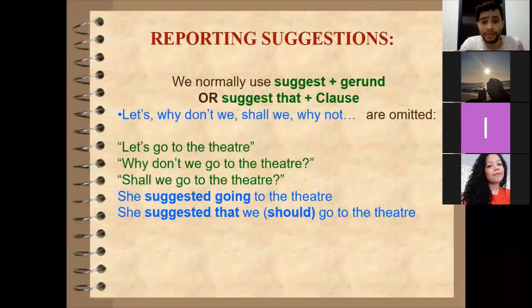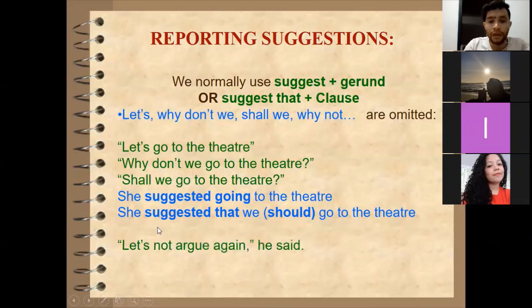Si ustedes deciden hacer esta oración de esta forma como está aquí escrita, está perfecto, chicos. No hay problema. So, she suggested that we should go to the theater. Fine. Si no, la forma normal. Si esto es, let's say, why don't we go? Presente, right? She suggested that we, past simple in the reported speech, went to the theater. Take a look. Traten de hacer esta ustedes, chicos. Let's not argue again. He said.